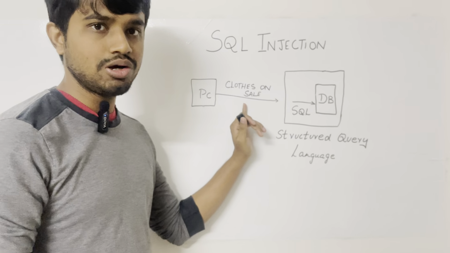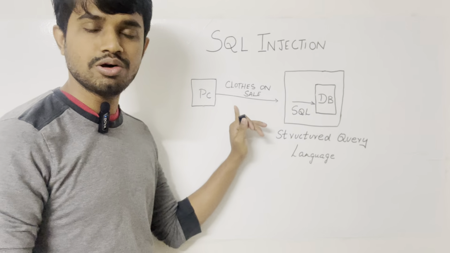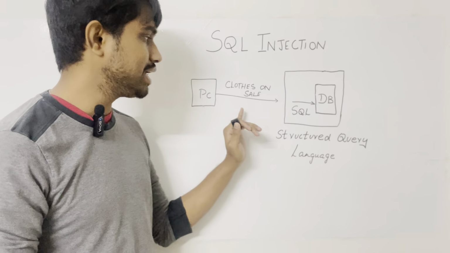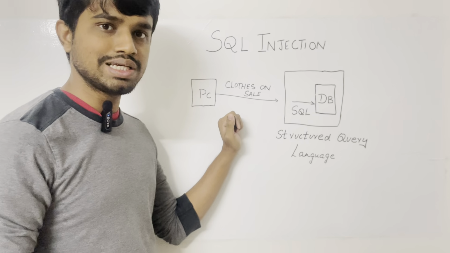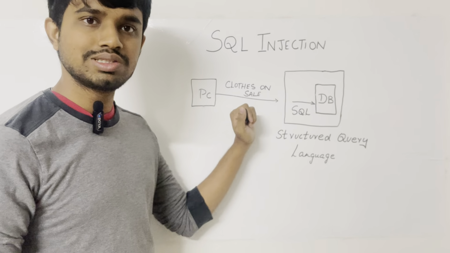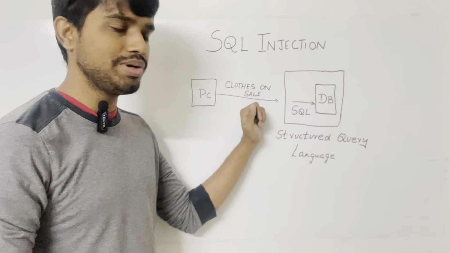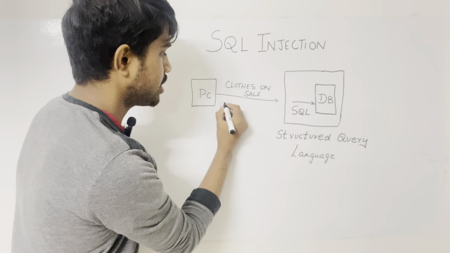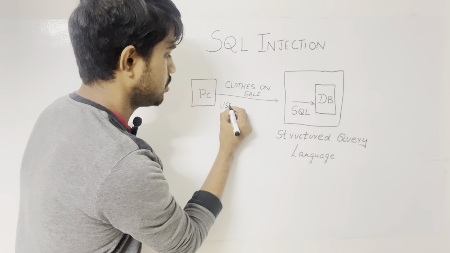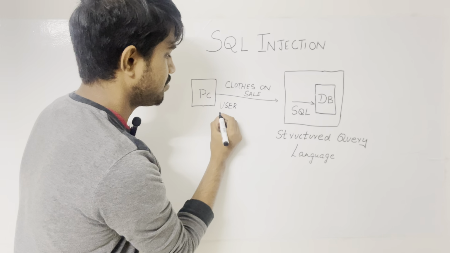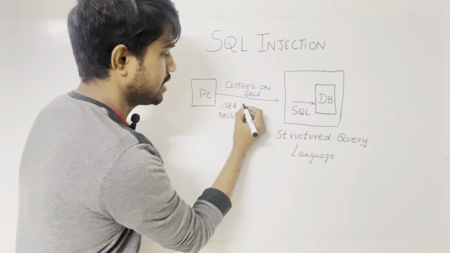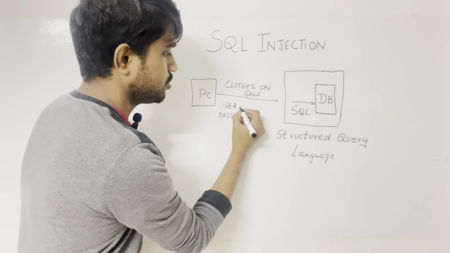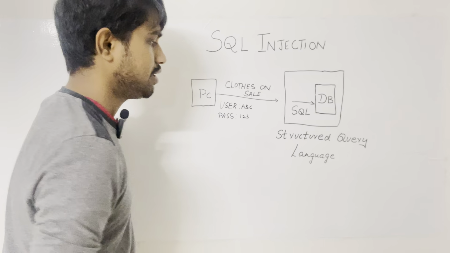You will be sending your authentication information. We saw in the authentication and authorization video that whenever you want to ask something of a system, you always say who you are. To send who you are, you will be sending username and password, right? So username can be ABC, password is 123, for example.